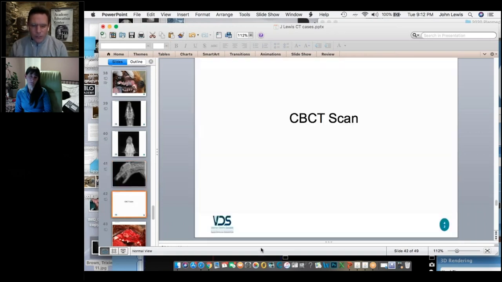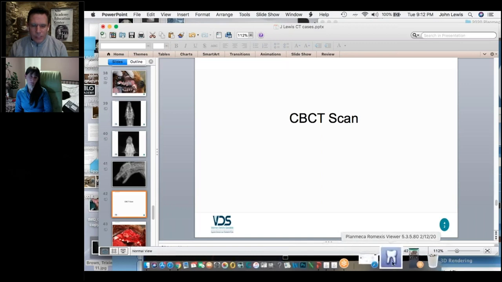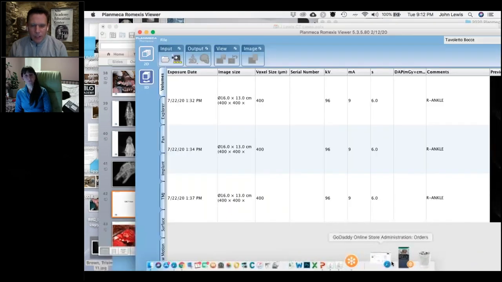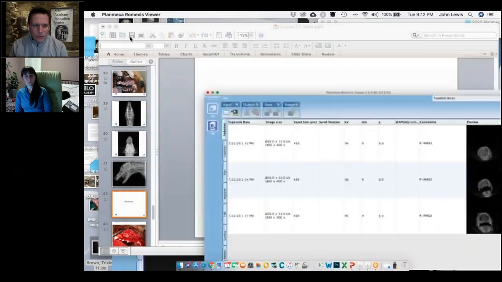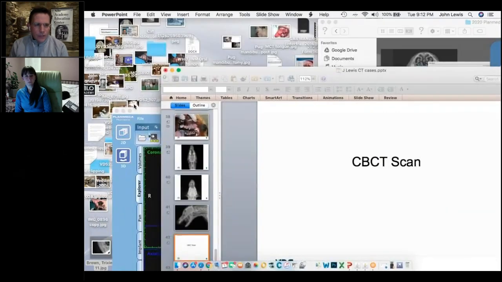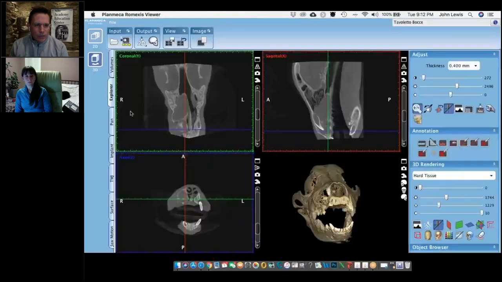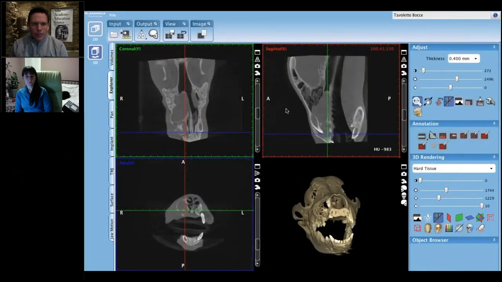So let me go ahead and show you the cone beam CT scan on Bocce. So let's see. Here we go. All right. So as Steve and Mary had mentioned, there are the 3 planes that we're talking about. The axial plane, which is often the most helpful for me, is basically starting from rostral to caudal.